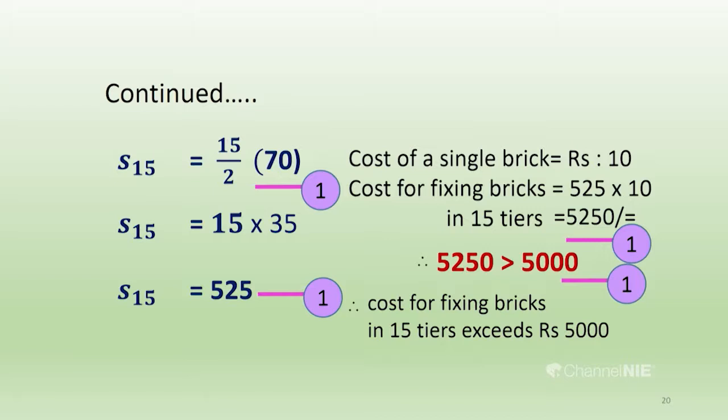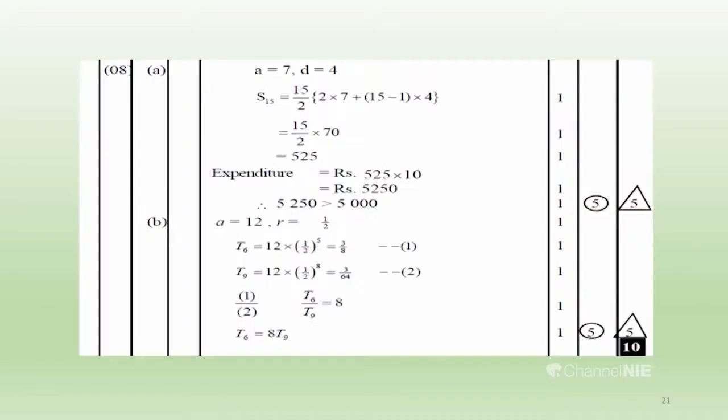Then to represent the inequality, that 5,250 is greater than 5,000, you have 1 mark. Altogether 5 marks. 5 marks is coming from the previous part also. For the substitution you have 1 mark, then altogether you have 5 marks. This is the correct marking scheme.